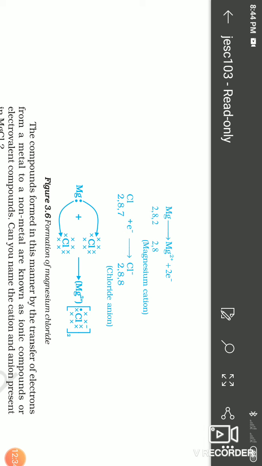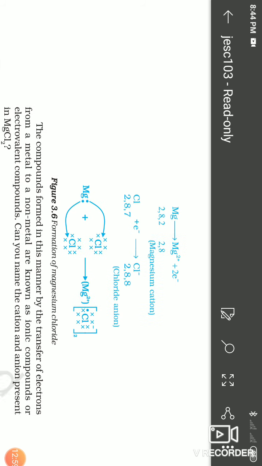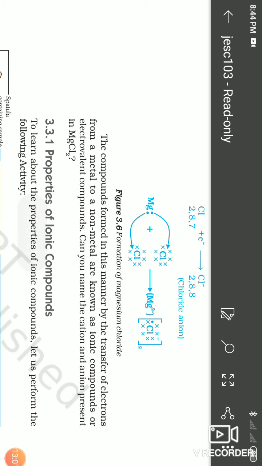The two chlorine atoms each need one electron to complete the octet, so they acquire negative charge as chloride ions, two units of negative charge in total. The formation of a compound by the transfer of electrons from a metal to a non-metal is known as an ionic compound.